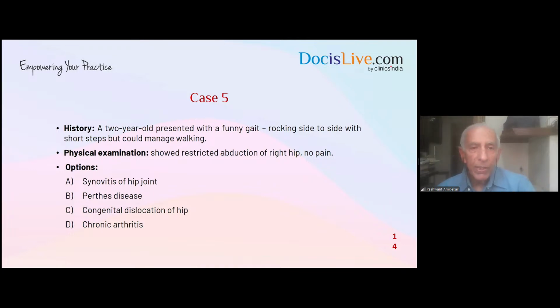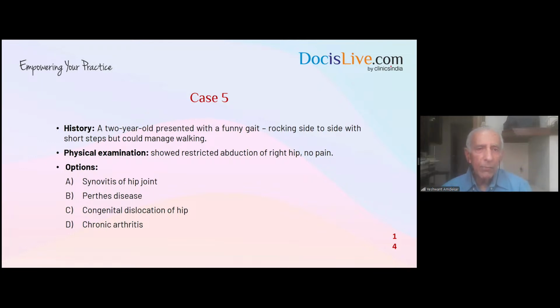Whereas if you pick this up in a small infant, this is one important part of a neonatal examination, that you should not miss a congenital dislocation of the hip. And this is done by simply trying to abduct both the hips. So you flex both the hip joints and try to abduct them. And you find that one side can be abducted very easily, whereas the other side cannot.